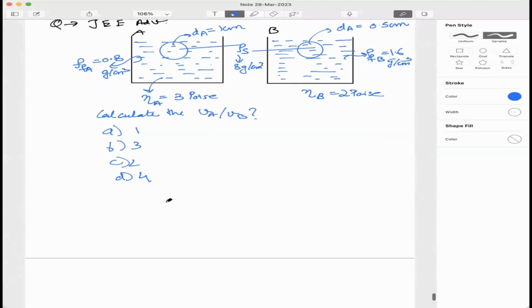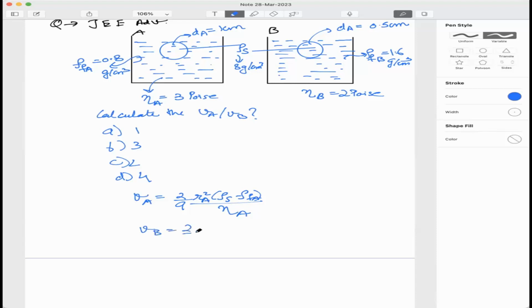Okay. So what we can do is we know the formula of terminal velocity in A, that is 2 by 9 R square times rho solid minus rho fluid by eta. So rho solid is the same for both, so that is rho FA and eta A and RA.